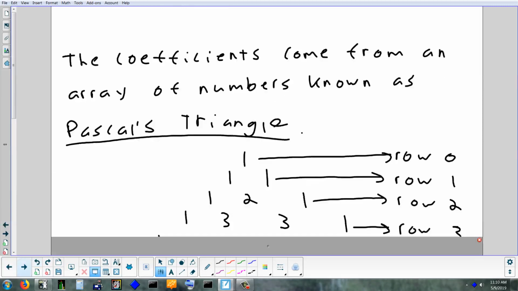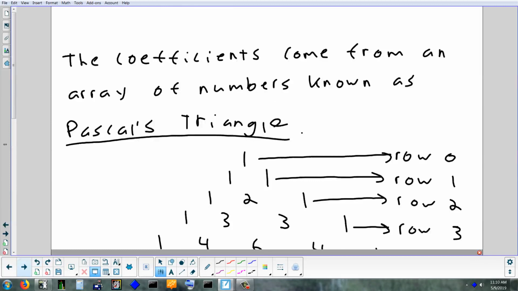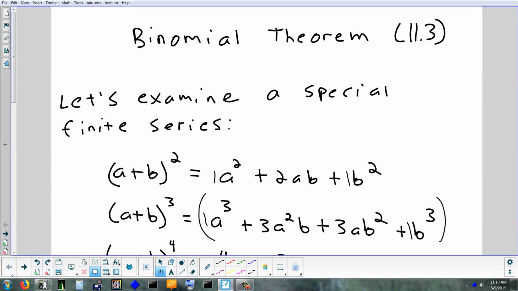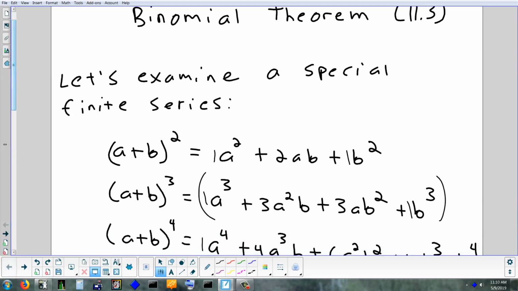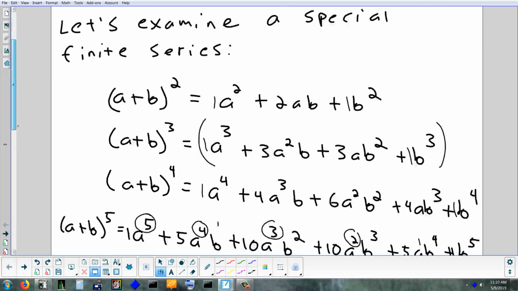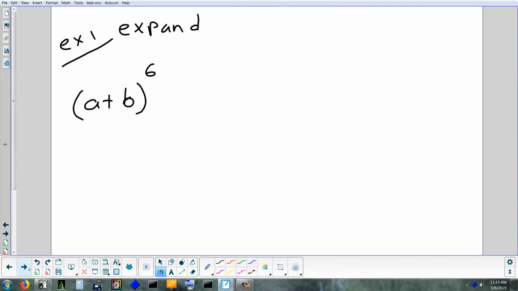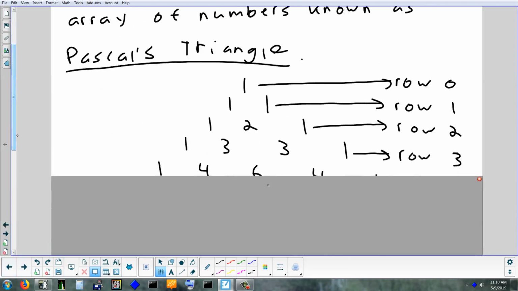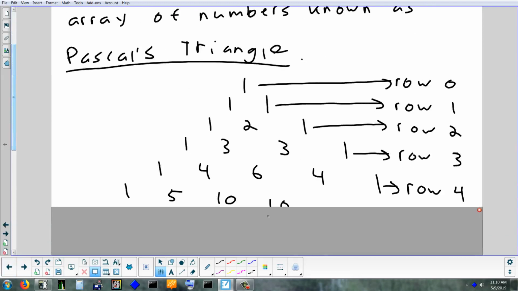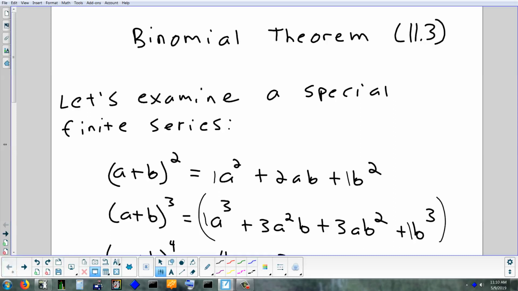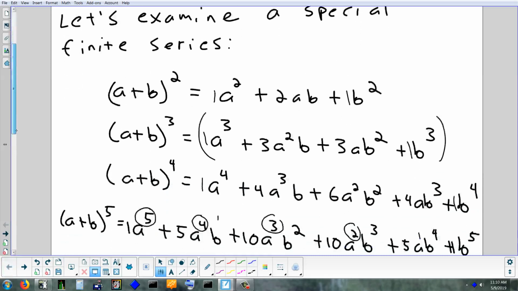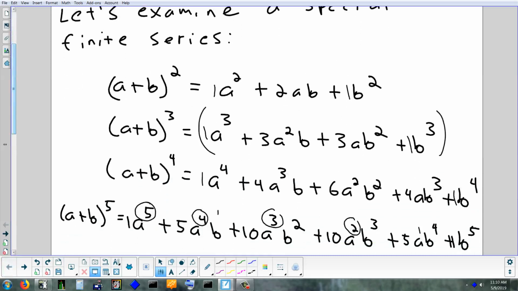The numbers in Pascal's triangle, which I'm going to come back to, are coming from right here. 1, 2, 1. 1, 3, 3, 1. 1, 4, 6, 4, 1. Those coefficients are the rows in Pascal's triangle. We'll come back to that. One other pattern.